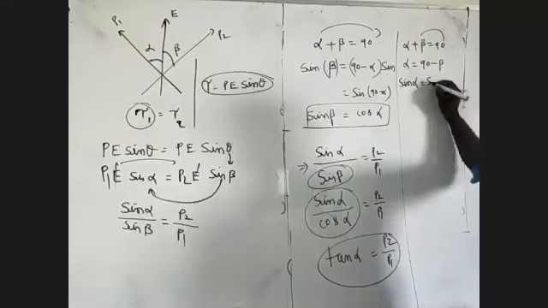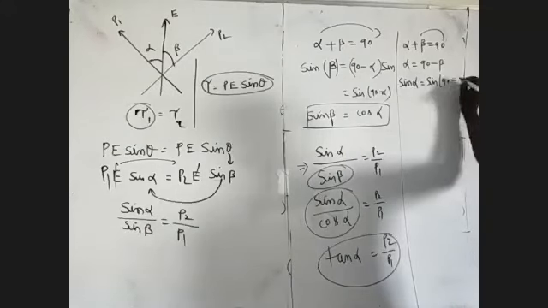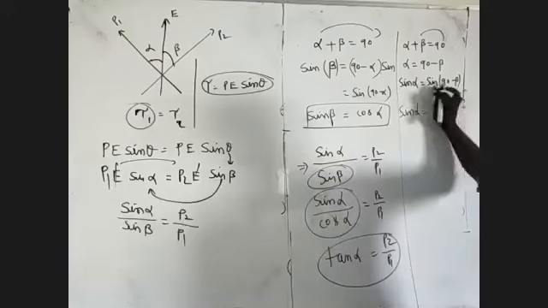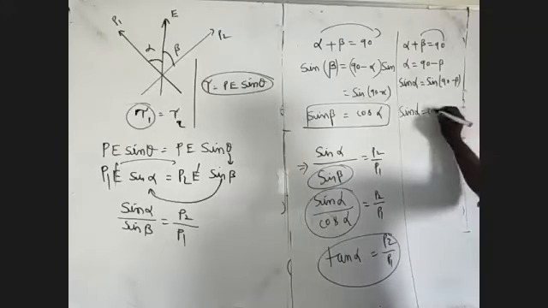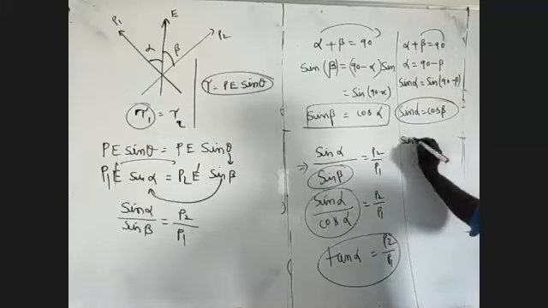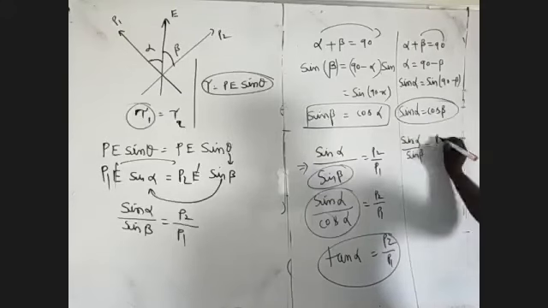Sin alpha is equal to sin of 90 minus beta, which is cos beta. Now the general equation: sin alpha by sin beta is equal to P2 by P1.